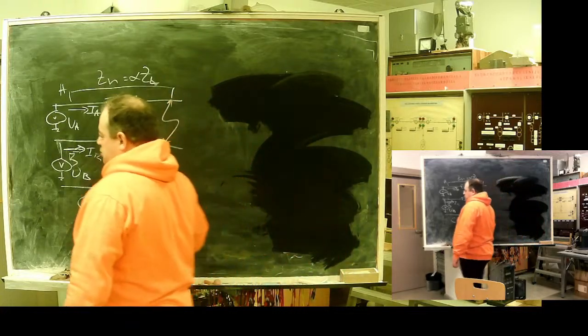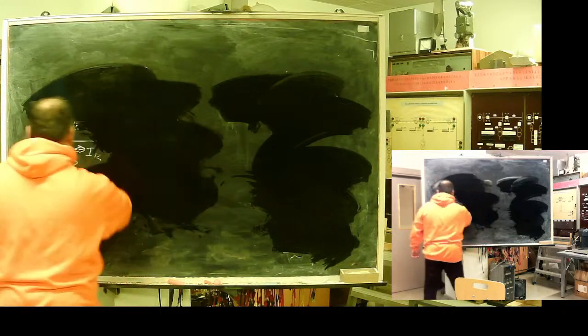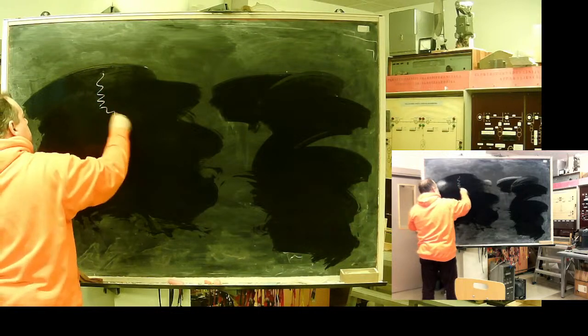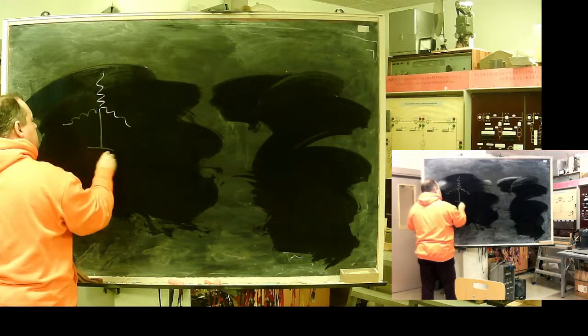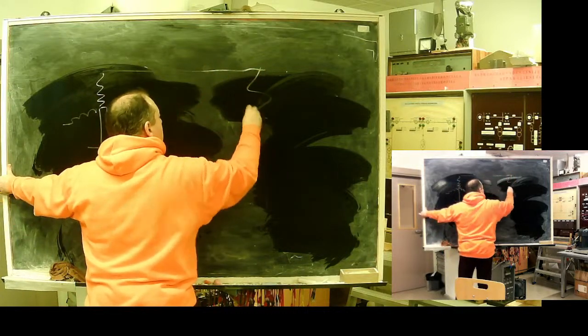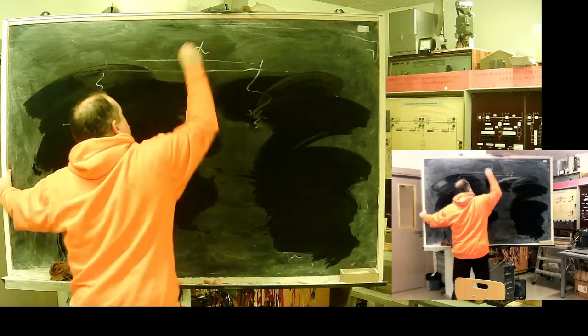Now, a much more complex thing. Let's say it's our transformer, ground, fault to ground at a distance of alpha.